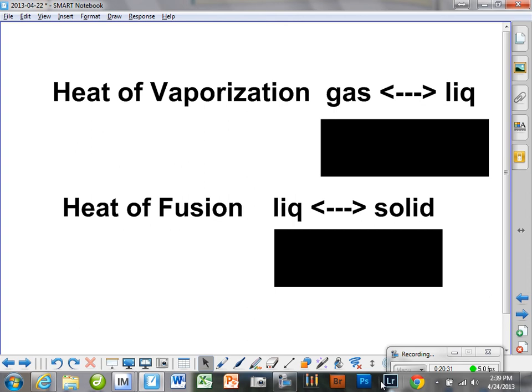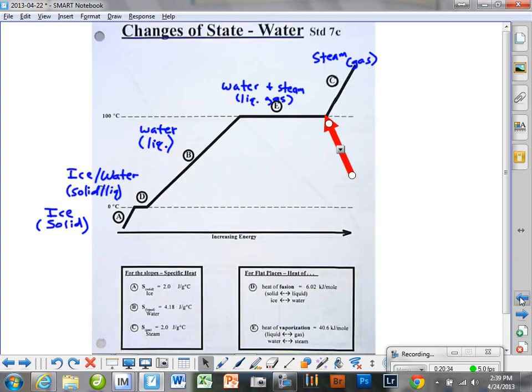That corresponds to these flat spots here. The flat spots are your heat of vaporization up here and the heat of fusion down here, which is detailed for you in these two guys right here. And it's showing solid to liquid, or ice to water, however you want to refer to it with water.